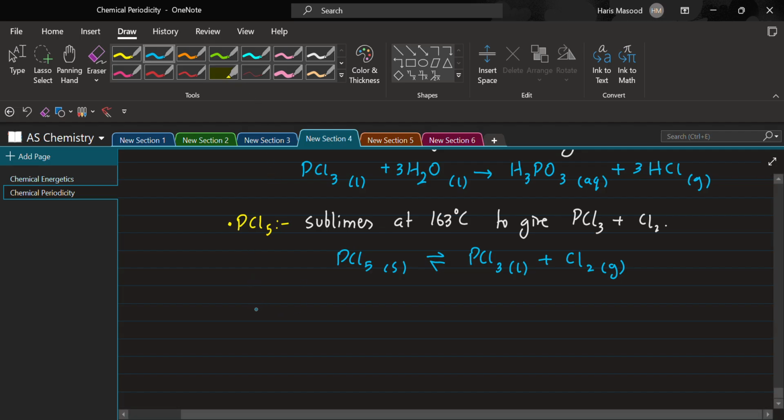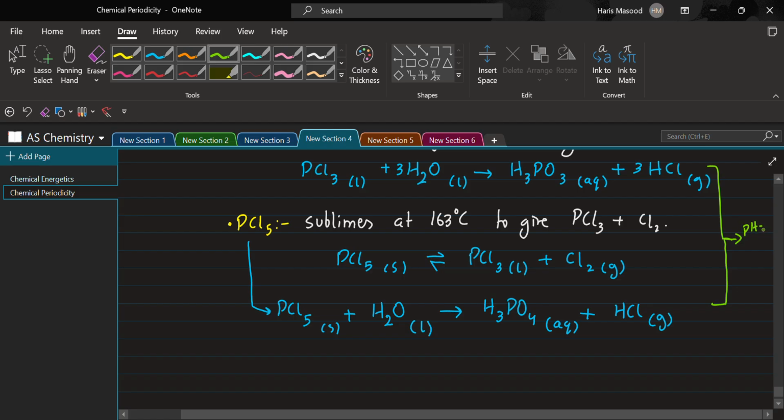It will react the same as PCl3, but the only difference will be the product that will form: H3PO4 and HCl. These two will have the same pH of 2.